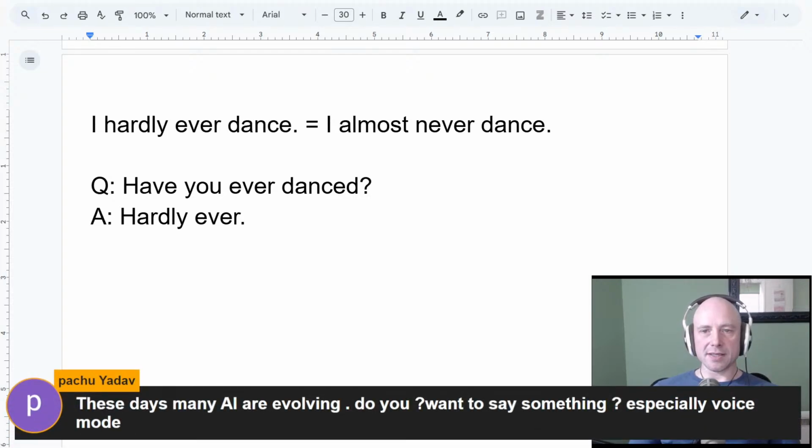Pachu says, these days, many AIs are evolving. Do you want to say something, especially voice mode? I said a lot about AIs quite early on, and I'm still an avid user, an enthusiast of AI. I think that the more you use it, the more you understand how to use it. I don't really have much more to say about it, Pachu.